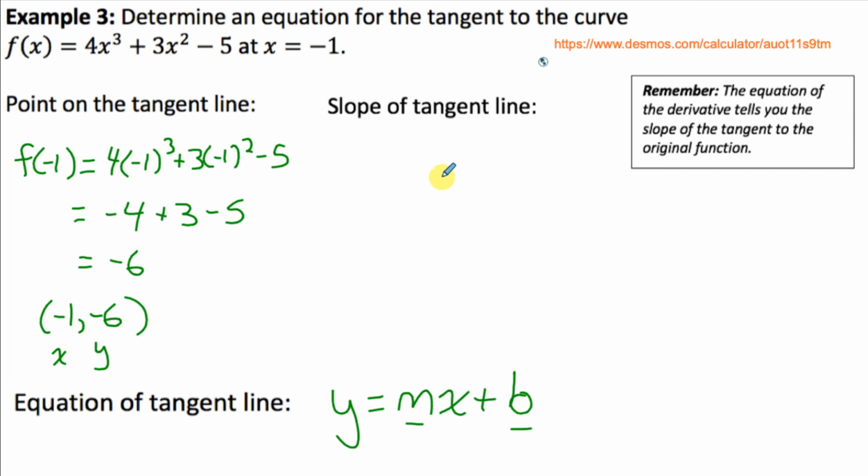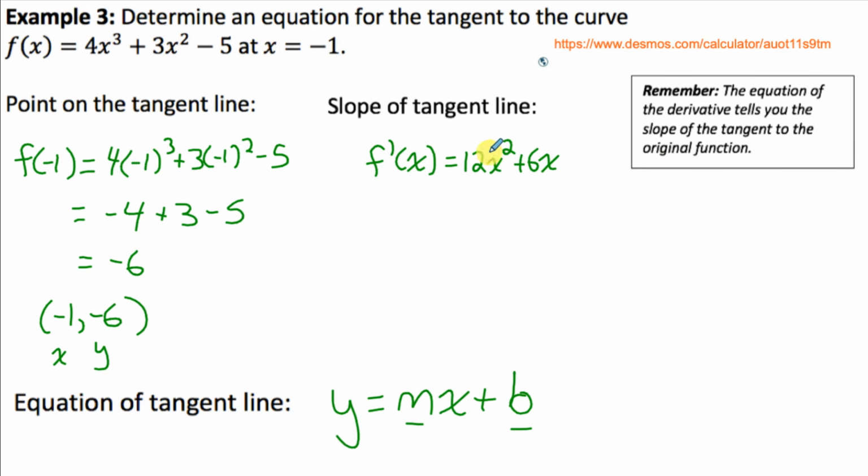To write the equation of the tangent line, I need its slope as well. That's exactly what a derivative gives us. It gives us the slope of the tangent at any point we want. So I'll need f prime of x. Let's differentiate this original function. Differentiating the first term, 3 times 4 is 12, x squared. 2 times 3 is 6, x to the 1, minus the derivative of 5 is 0.